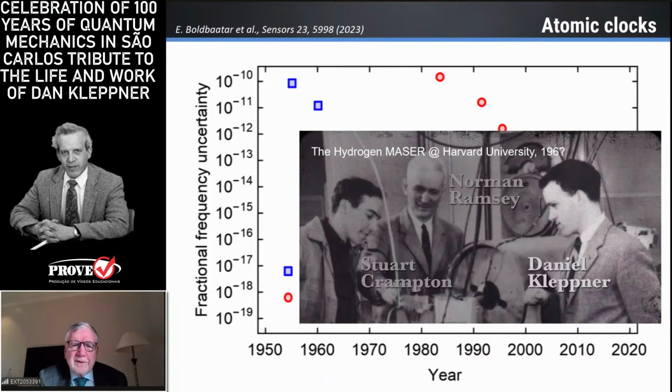Now, more than 60 years later, you see the improvement from the maser to an optical clock. And we see here a very, very young Dan Kleppner, researcher. It is impressive, the progress of science. That was always hydrogen.